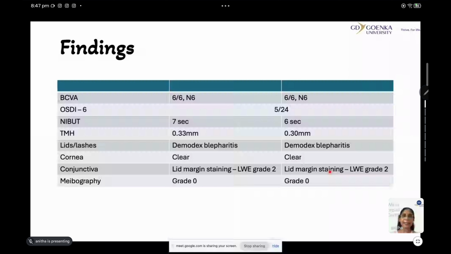Again, the cutoff was 10 seconds. Tear meniscus height 0.3 mm and 0.3 mm. Lids and lashes noticed Demodex blepharitis. Cornea was clear. Conjunctiva showed some lid margin staining, which was lid wiper epitheliopathy grade 2. Meibography grade 0, which means that the glands were doing great.